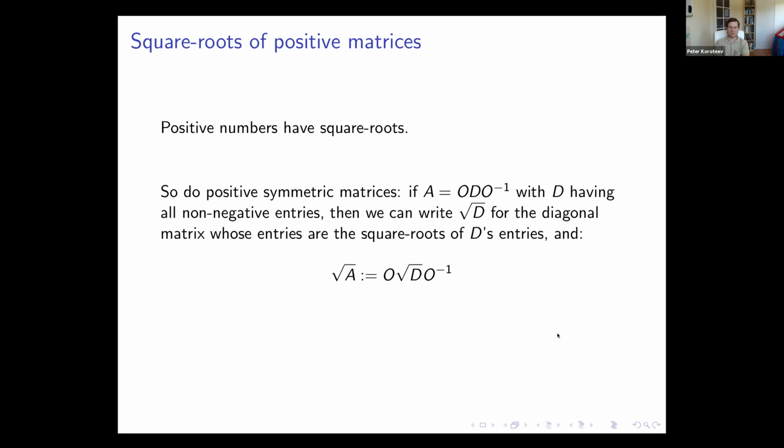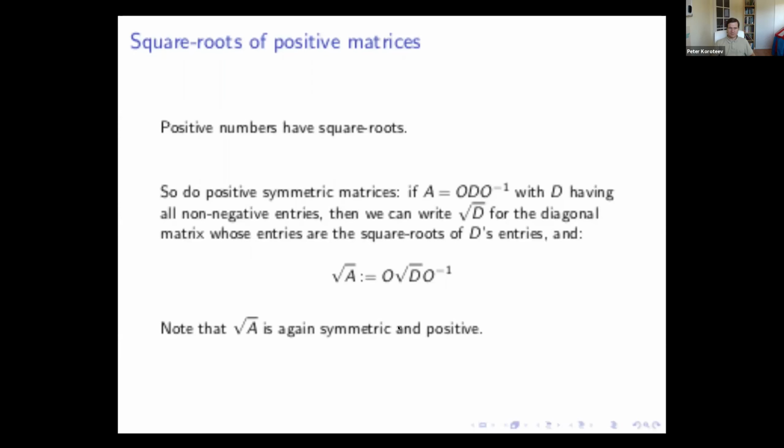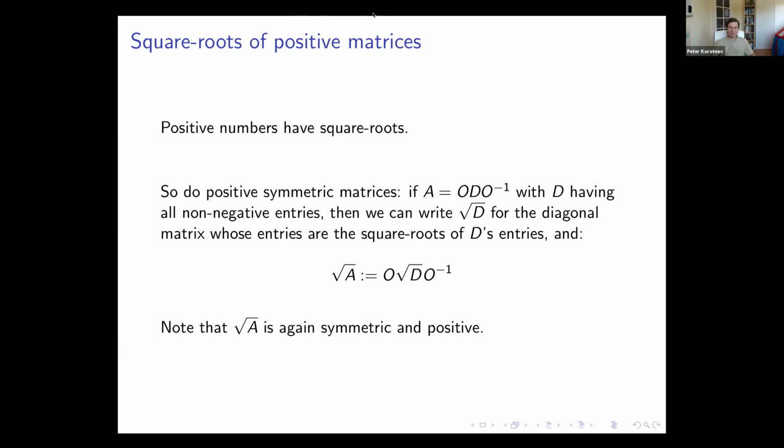So it's square root D conjugated from the left and from the right with this orthogonal matrix O. So then the square root A is again symmetric and positive, right? And if you take the square, you'll see that you'll get the matrix A back, because of the orthogonality, right?